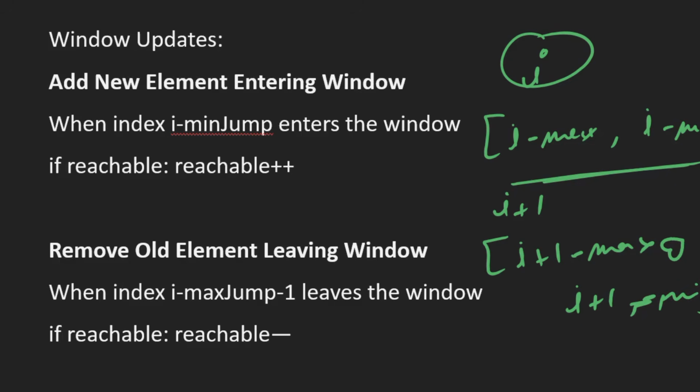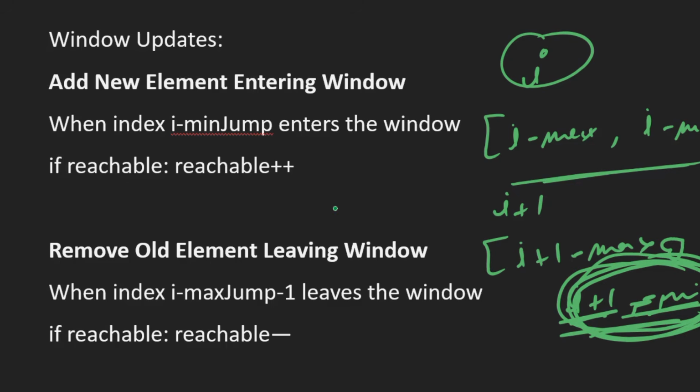So the new element that is being added for index I plus 1 is I plus 1 minus min jump, that is current index minus min jump. Current index minus min jump is the new element that has been added. So let's say current index is I, then the new element will be I minus min jump. So this element is entering our window.